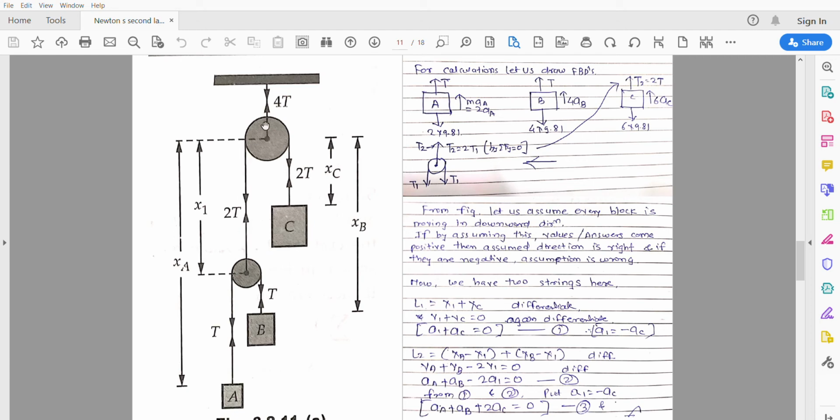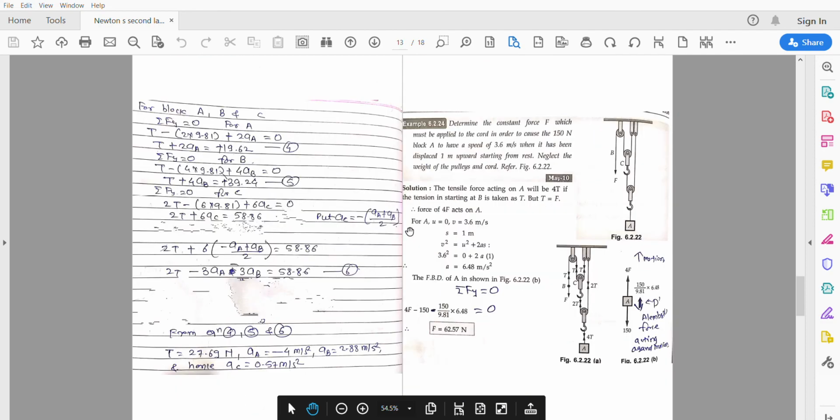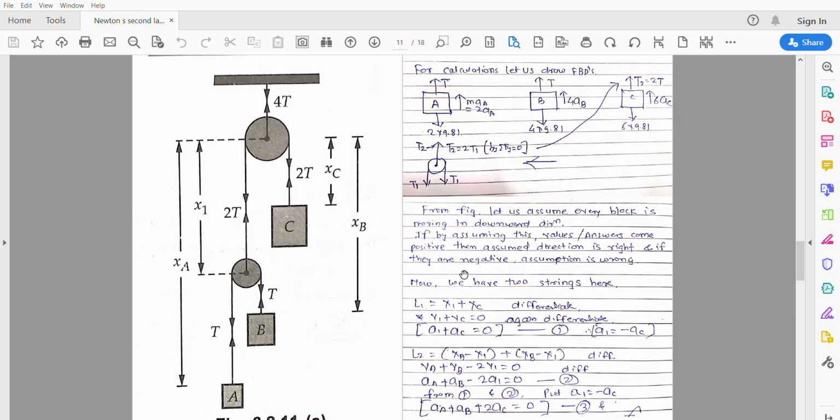Now this 2T tension is to be carried by this single cable, which will have the uniform tension. So there are two strings, string 1, string 2, both will have same tension as these are frictionless pulleys. So determination of length is very important.